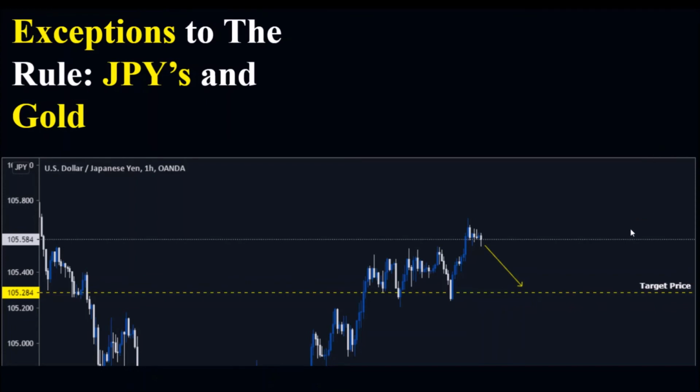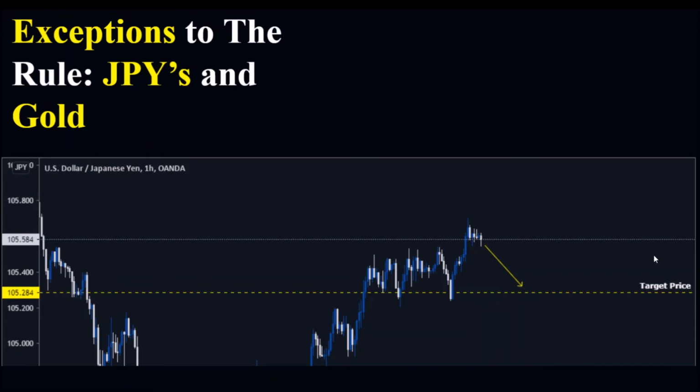All right, so similar example, I have USD JPY here shown for the 1 hour time frame. You can see that price is currently at 105.584, and we're anticipating price to move down, right, a certain number of pips to 105.284. So how do we calculate how many pips that is if the market goes from here to here?